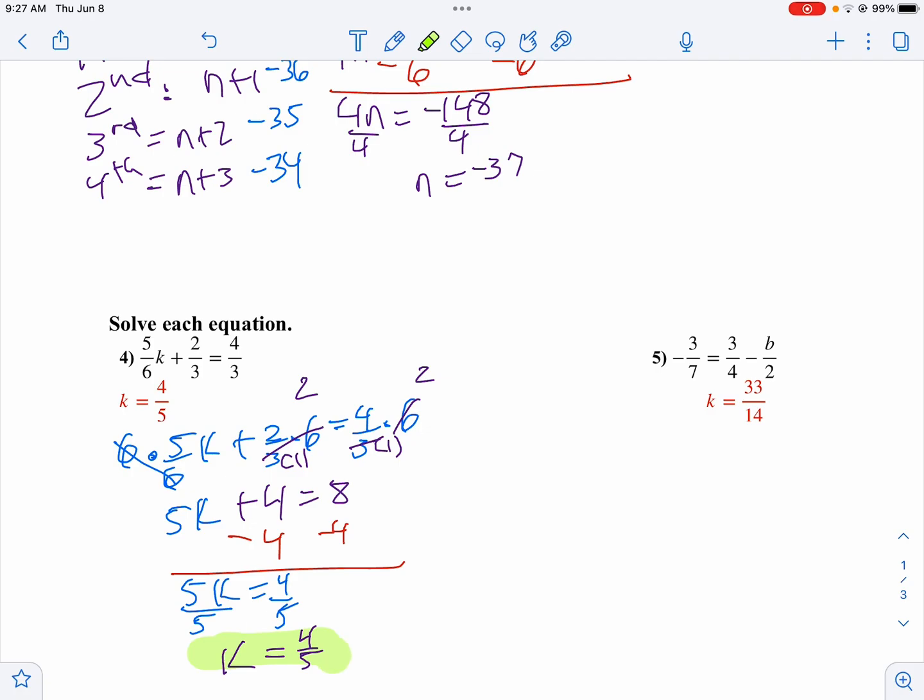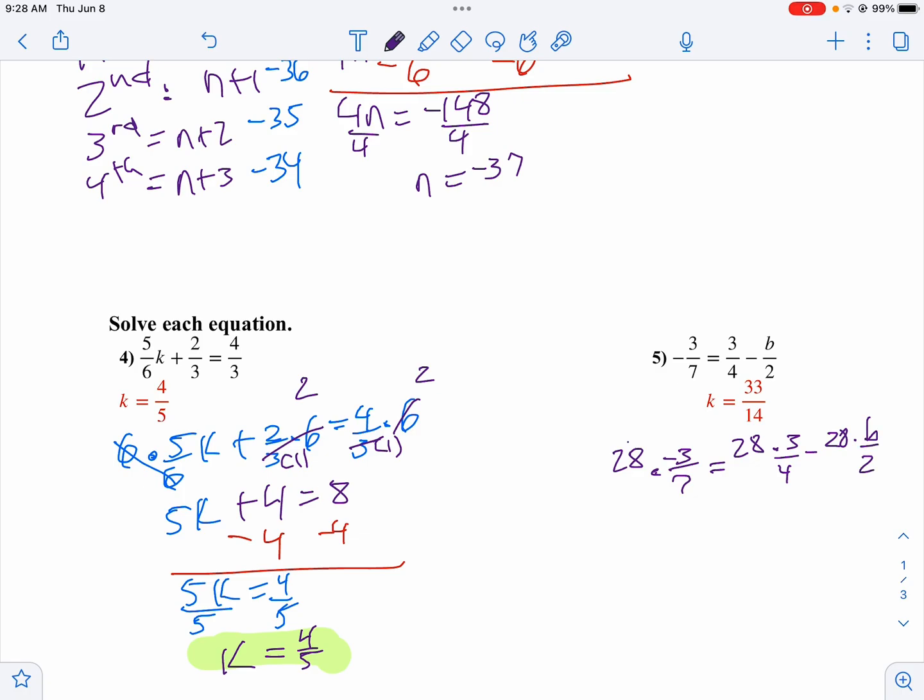We'll do the same thing on the next one, except notice 4 doesn't go into 7, does it? So nothing goes into it. So 7 times 4 is 28, and 2 goes into 28. So what I'm going to do is multiply everything by 28 this time. So I'm going to go 28 times negative 3/7 equals 28 times 3/4 minus 28 times b over 2.